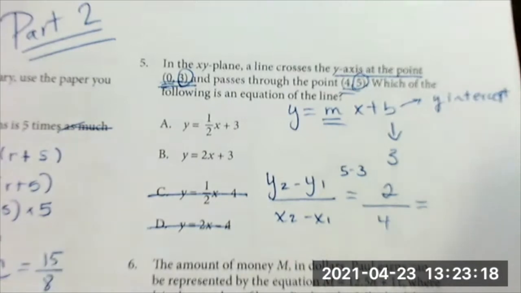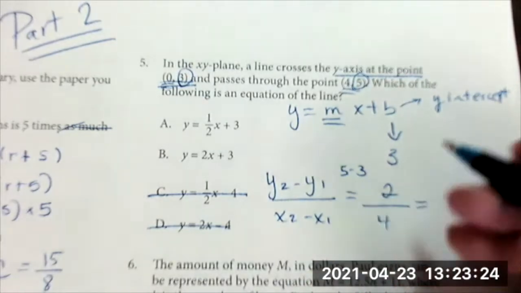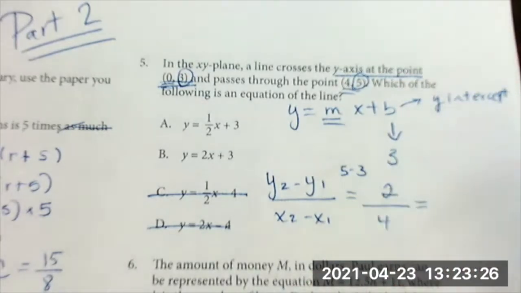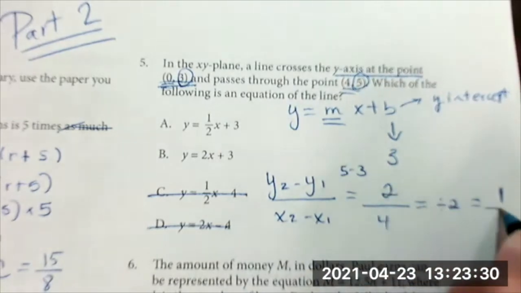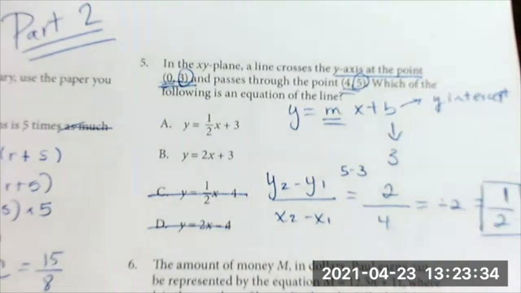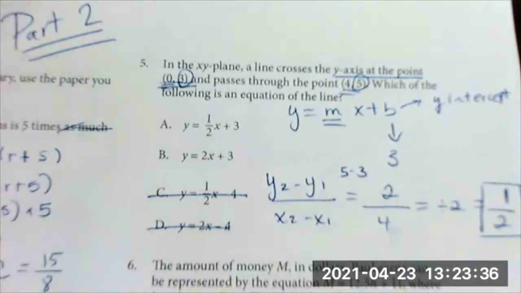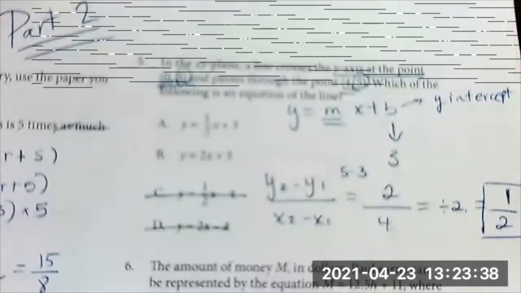It gets a little tricky here. The best thing to do is find a number that they both divide into. Don't get confused with 4 divided by 2. So divide them both by 2. This is a 1 and that is a 2, and that's how you simplify it: 1 over 2.